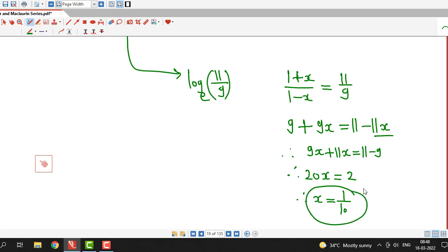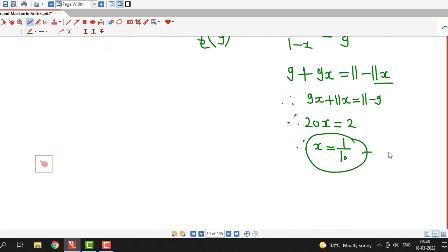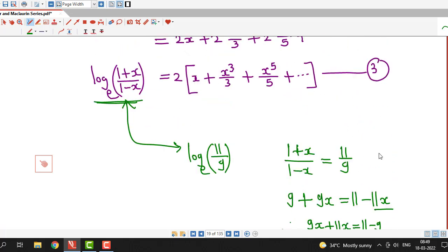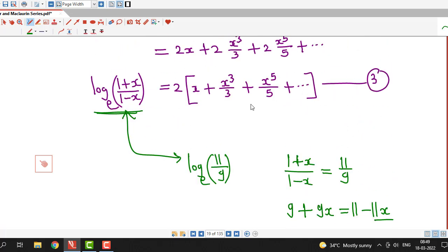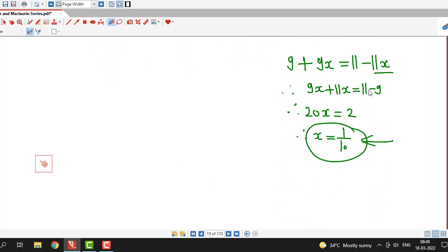So if we take x equal to 1 by 10, we will obtain log 11 by 9 on the right hand side. So now we can obtain the value of log 11 by 9 for this value of x. For x equal to 1 by 10 in this series 3, we will obtain the approximate value of log 11 by 9. So now in the next step, we consider x equal to 1 by 10 in this series.